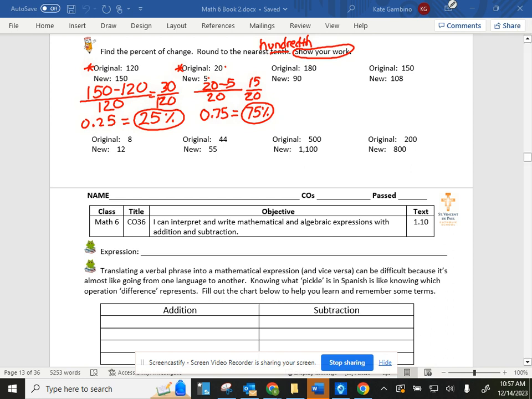Now we know that today is a Thursday. Khan Academy is due tonight. There are quite a few of us that need to finish up our Khan Academy assignments. Tomorrow is a Friday, so it's a retake day. You can also continue working on this assignment tomorrow. We will be correcting it Monday.